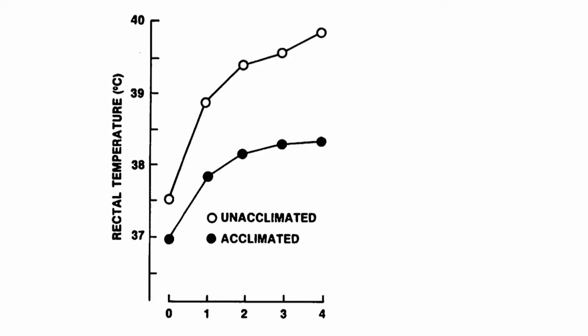And this is the same data for the same people after the subjects were acclimated. So you can definitely see that for the same kind of activity, core temperature was significantly lower at the same time point.